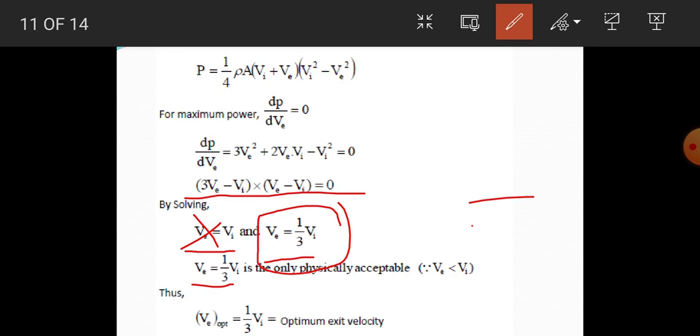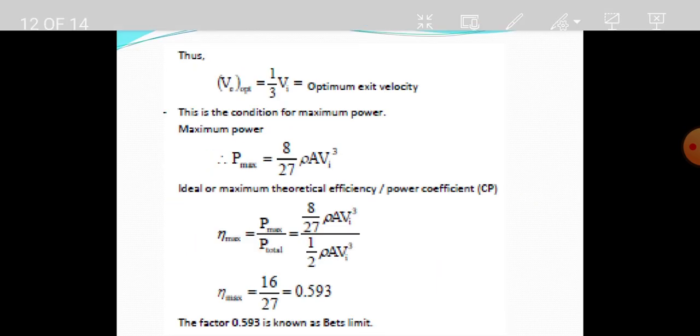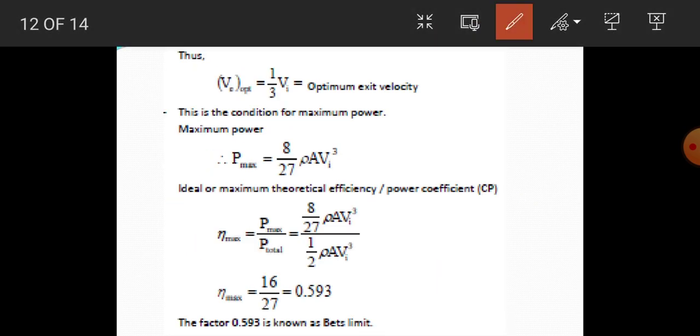Using this in the equation of power, we will get the maximum power, P max, is equal to 8 by 27 into rho A vi cube.